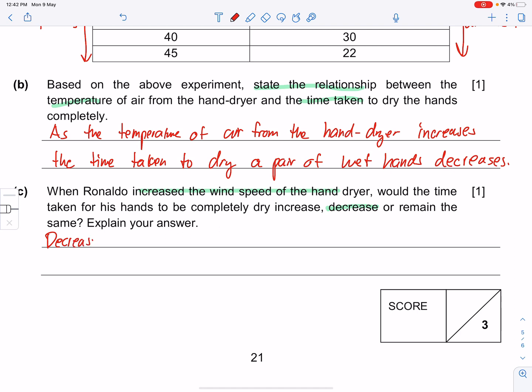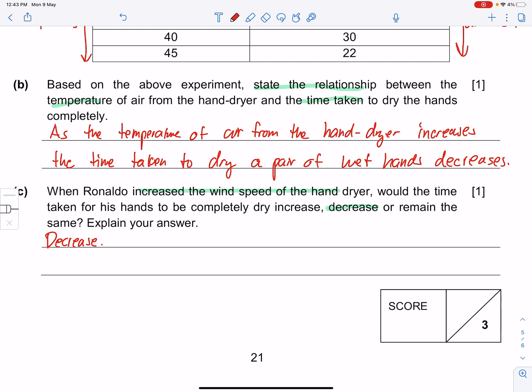What's important here is that you tell me it will decrease. Some of you are not very careful. You say increase because you think of faster, but that's not correct. It's decrease, shorten the time. They're talking about time, so be very careful. Decrease. Why?